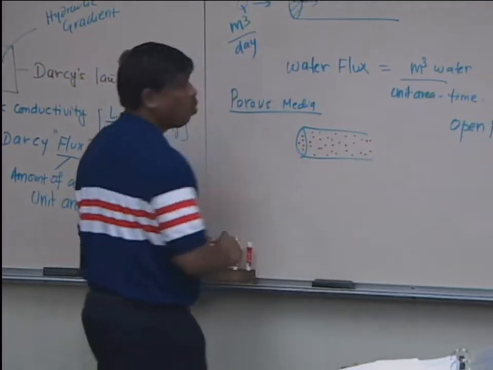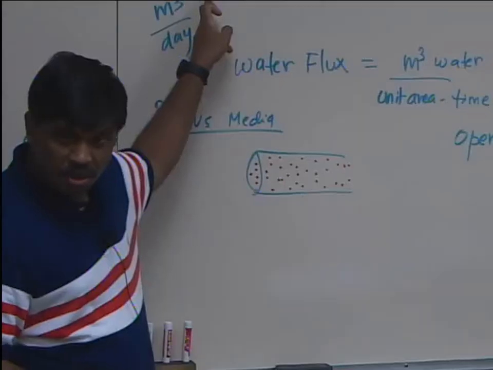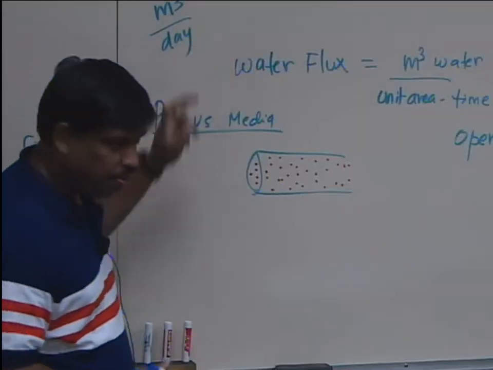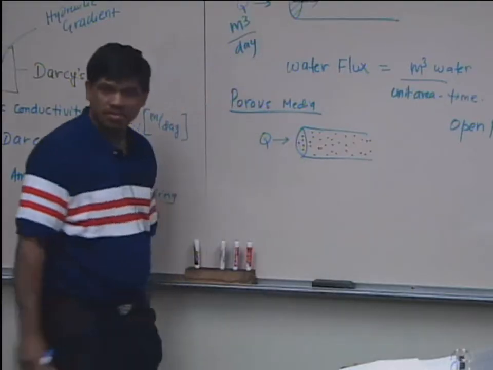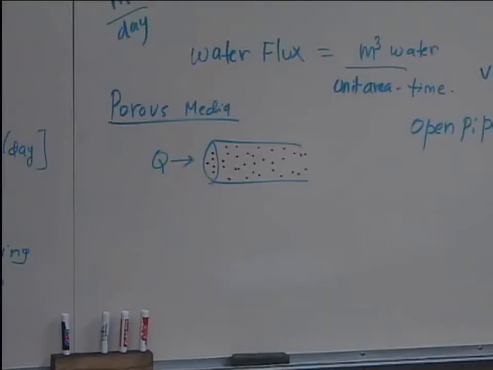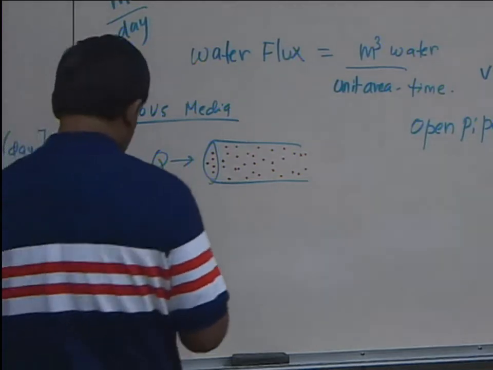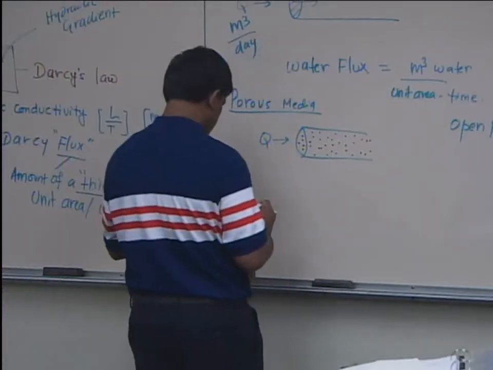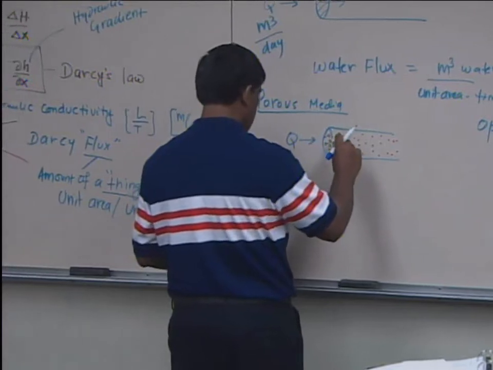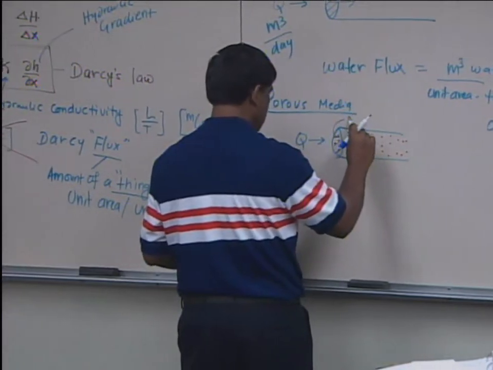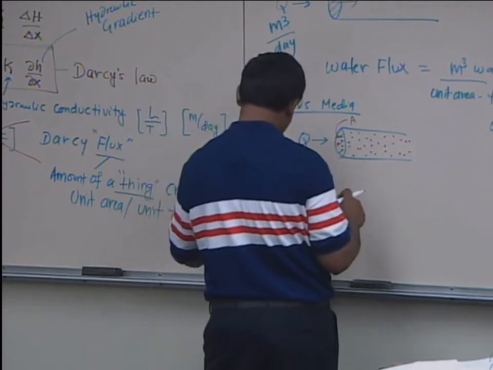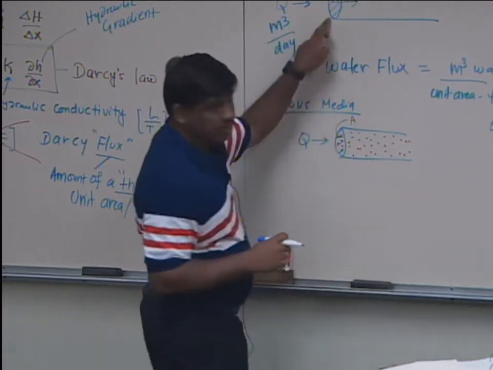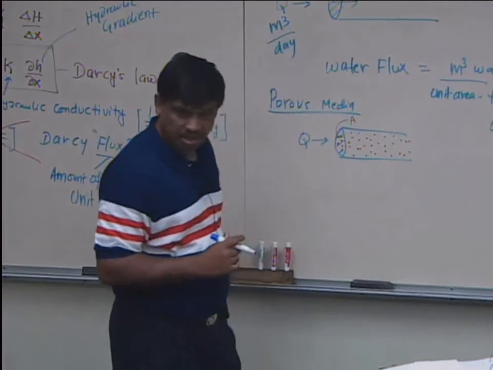Now what if I push the same amount of flow through the system, just like an open pipe? And now I'm going to define this as A. Remember, A is the bulk area. A does not change, so I'm going to keep the same A.